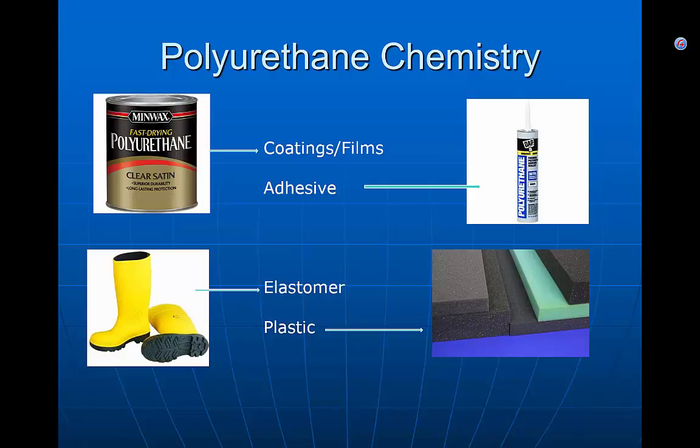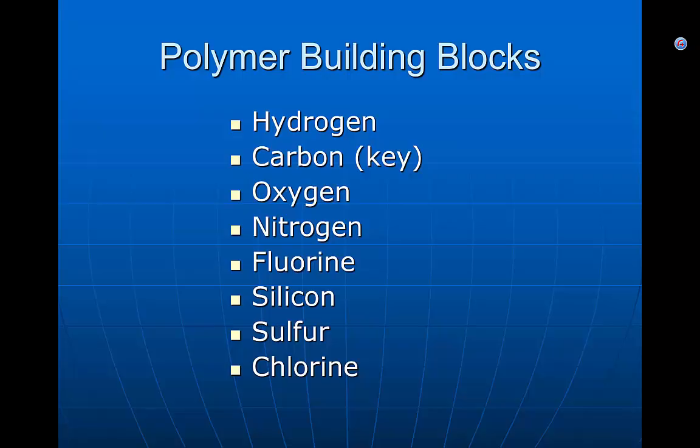All right, where do these magic materials come from? Well, polymers are built out of essentially this list of elements. The vast majority of the plastics that you have in your daily life really consist almost exclusively of carbon and hydrogen, occasionally some oxygen, nitrogen, thrown in.